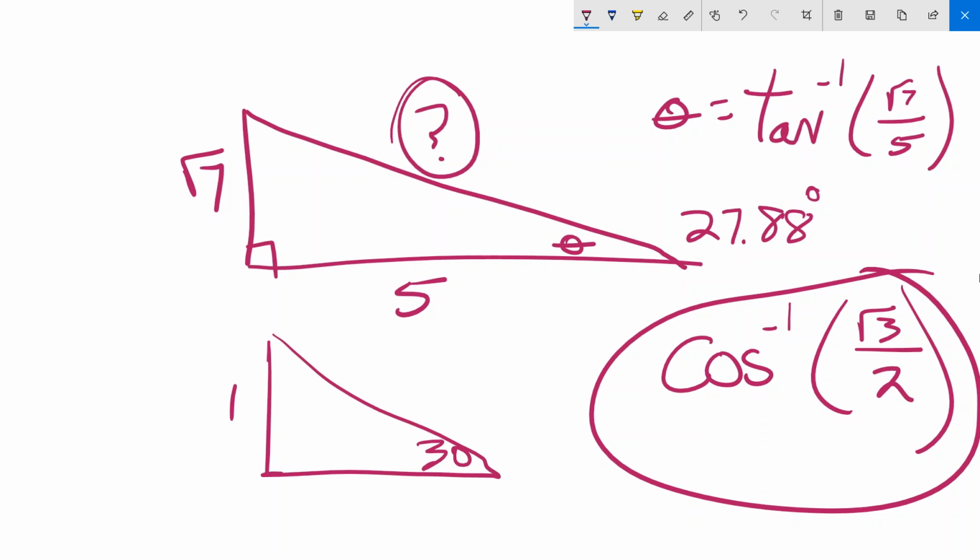Because remember, the dimensions on this thing are these. So the cosine of 30 degrees would be root 3 over 2. Therefore, the inverse cosine of root 3 over 2 has to be 30 degrees. Okay? All right, so that's very straightforward.